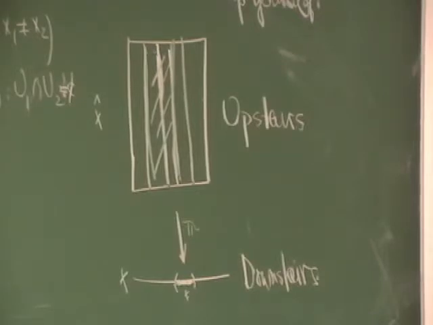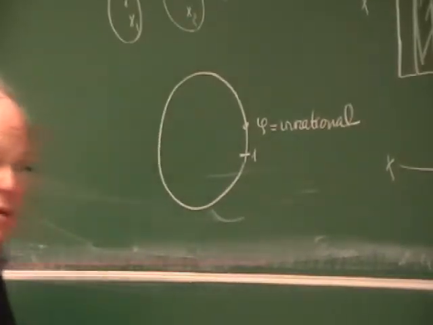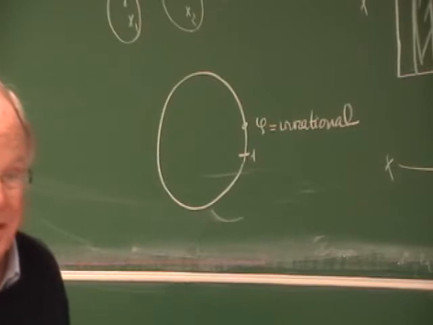Okay. Let's take the circle. Let's take an angle phi, which is an irrational angle. Do you understand what I mean by irrational angle?